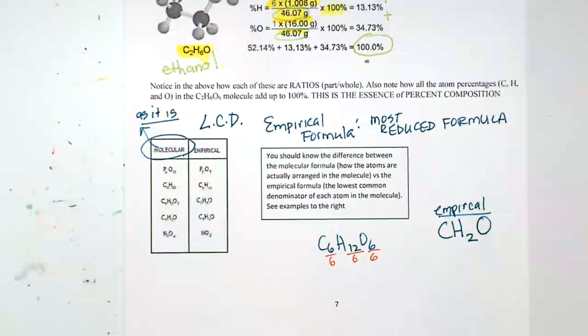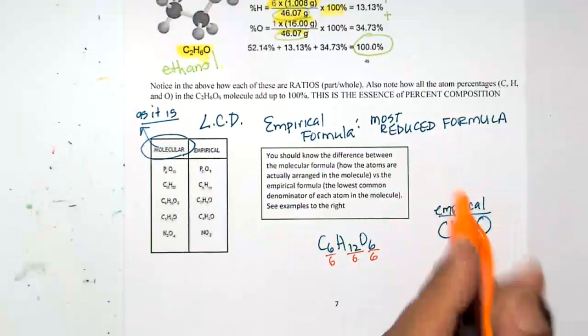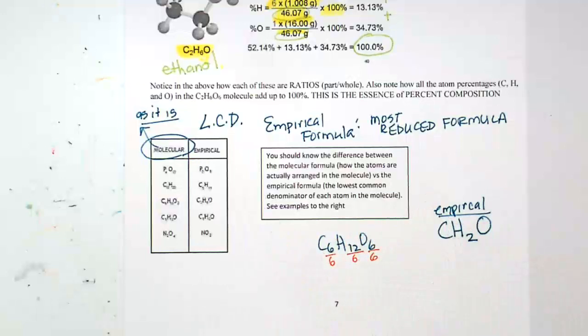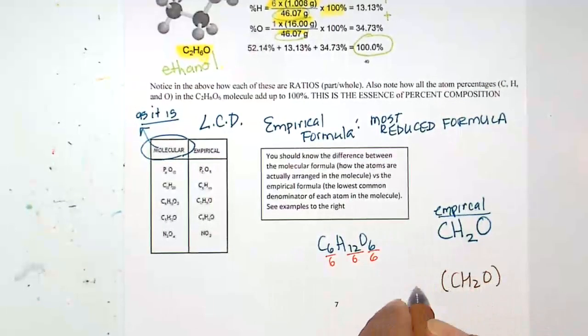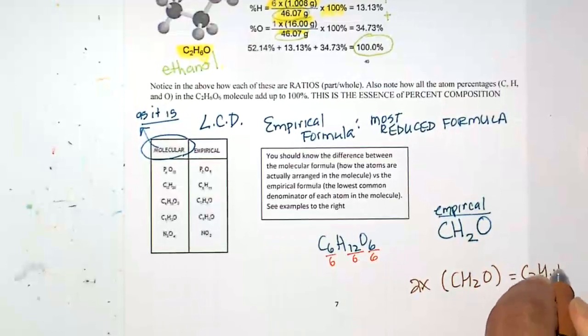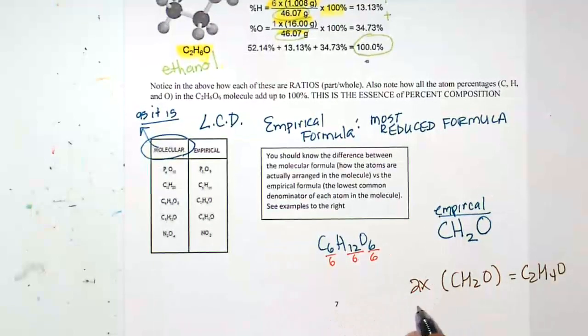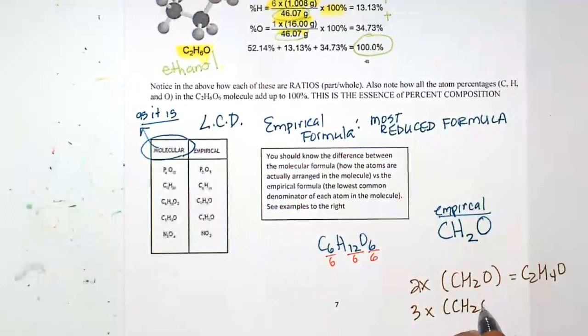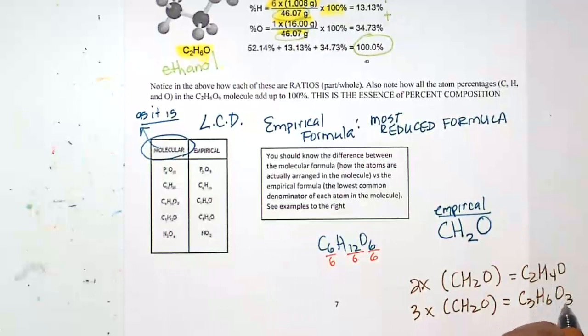So we can get back from the empirical formula to the molecular formula just by multiplying it out, like you do in math. Okay, so that's one molecular formula. We can multiply the empirical by 3 and get another formula.